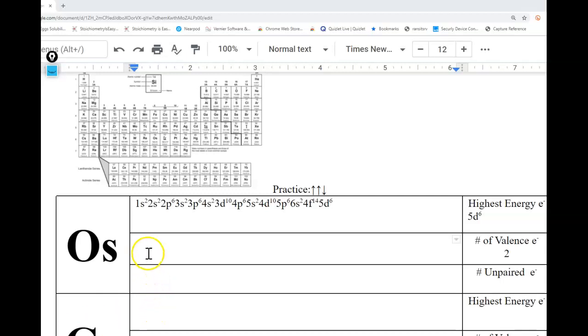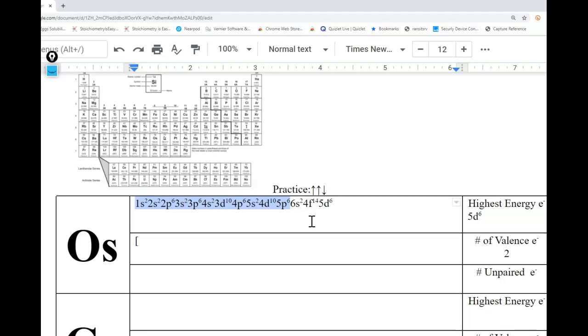After you note the number of valence electrons, which can be found in the outermost energy level, you then need to show the noble gas abbreviation. Please remember that the noble gas abbreviation begins with brackets, and inside the brackets is the most recent noble gas within your electron configuration. You're always looking for the part of the electron configuration that ends in p6. That's going to be your most recent noble gas.